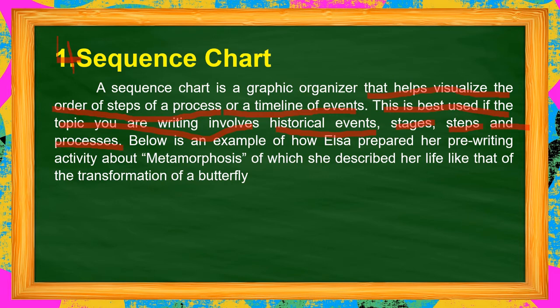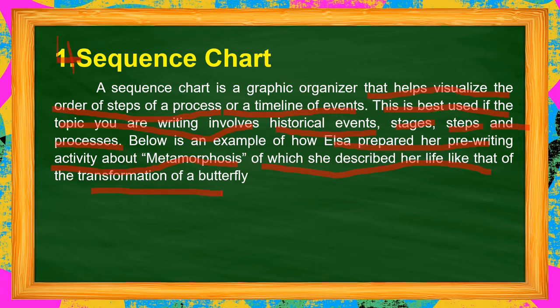So in the next slide, you will see an example of how Elsa prepared her pre-writing activity about metamorphosis, of which she described her life like that of the transformation of a butterfly.